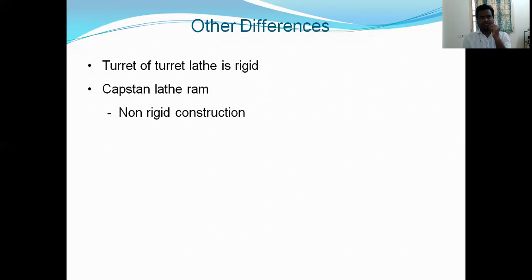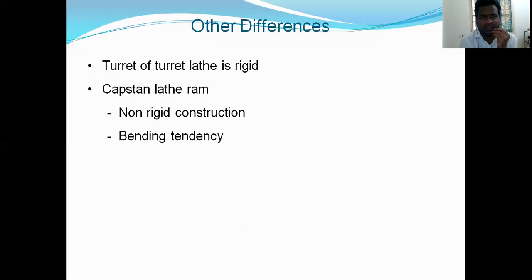Next, the capstan lathe bed. Capstan lathe is non-rigid construction and it has a bending tendency. Forces while doing the operation can affect the turret of the capstan lathe.